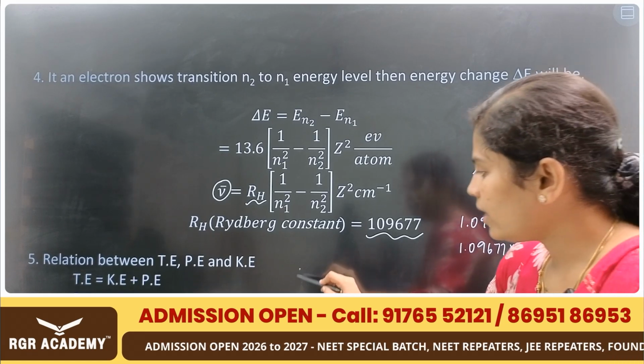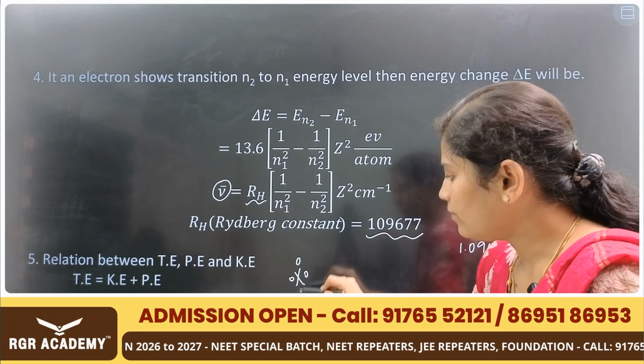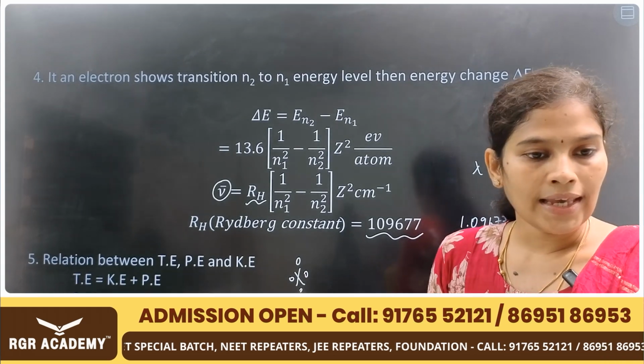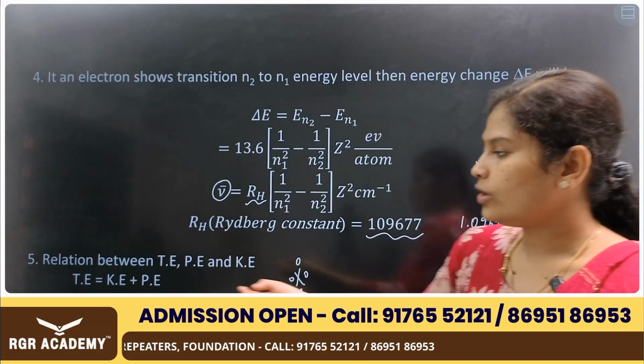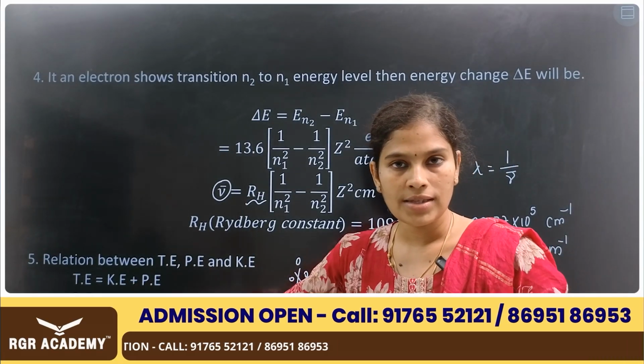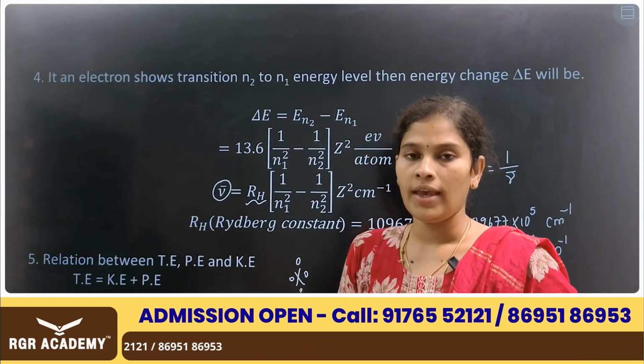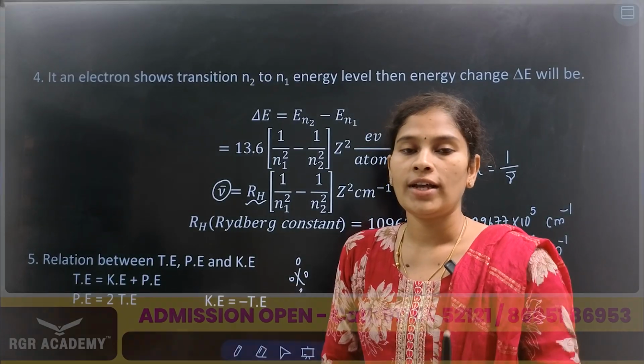And this is a very, very important thing. Whatever we are calculating using the En formula, that is the total energy. Once we calculate the total energy, what is the relation? Total energy is equal to kinetic energy plus potential energy. We are calculating total energy, so that is a negative value.